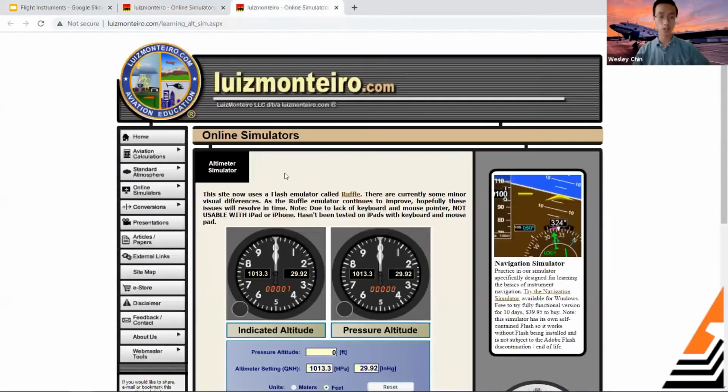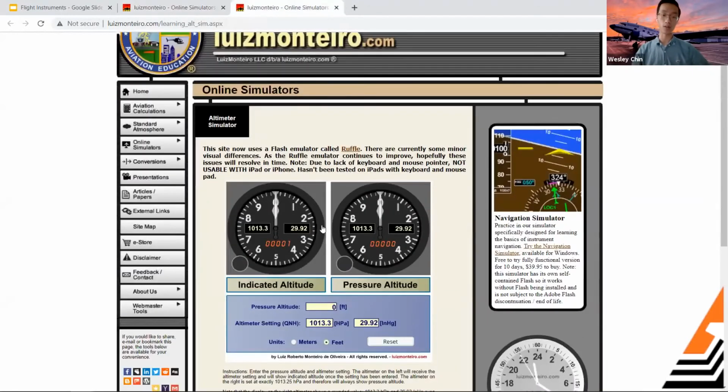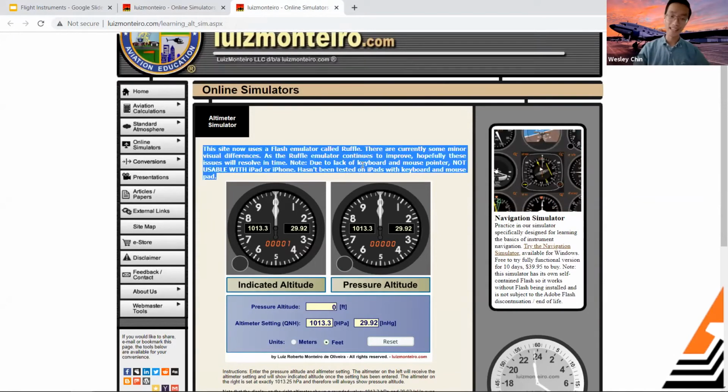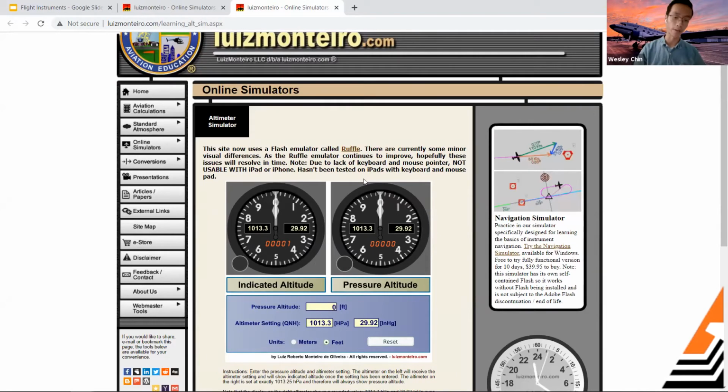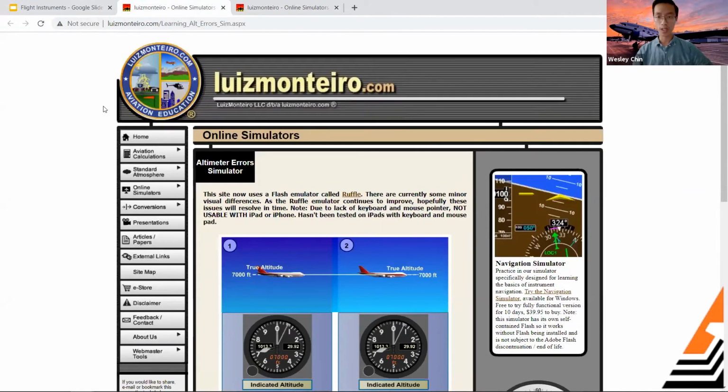And the second one is just an altimeter itself. Play around with the different altimeter settings and see what changes. You figure out that 0.1 inch of mercury of pressure will translate to 100 feet of altitude, for example. So pretty good resource there. This guy has a bunch of other things too. I think I've probably linked something else of his, maybe a VOR simulator or something like that. But I definitely recommend playing around with the tools he has available.